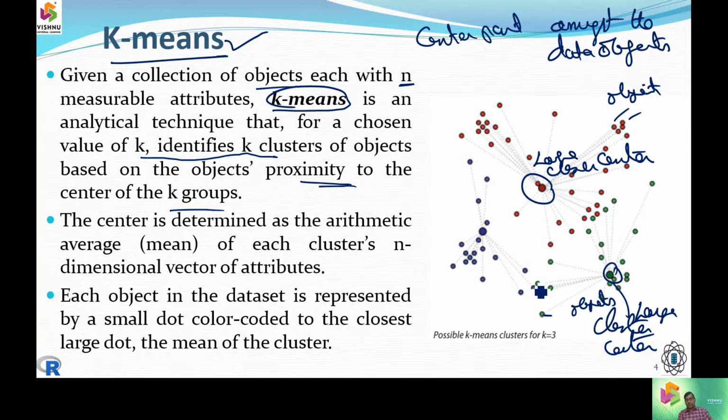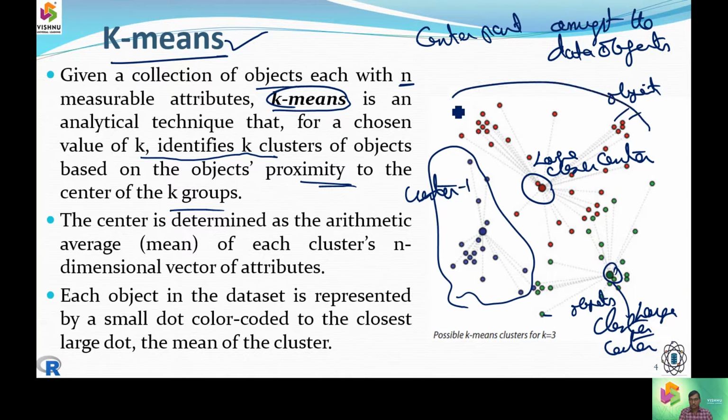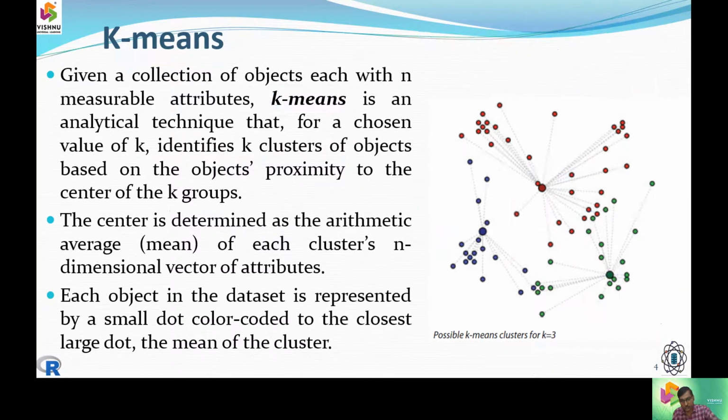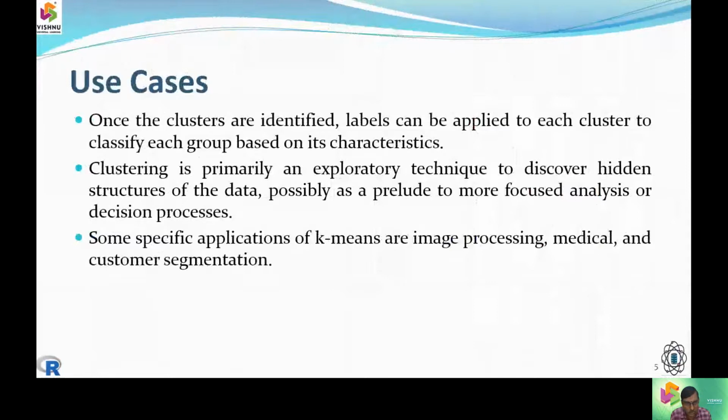They are color coded, which means that all the blue items belong to one cluster, all the red items belong to the second cluster, and all the green items belong to cluster 3. Obviously we say k equals 3. That is how we make a grouping with K-means.